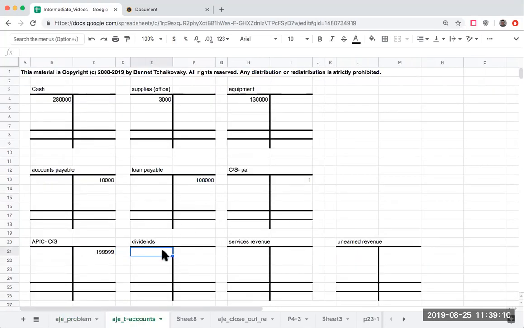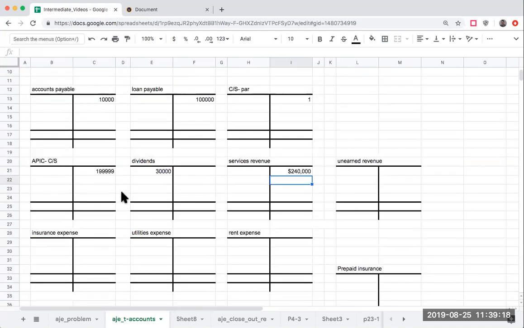My dividends were $30,000. My services revenue was $240,000. And then I get down here to my insurance expense at $48,000. Then utilities expense is $35,000 and rent expense is $24,000.